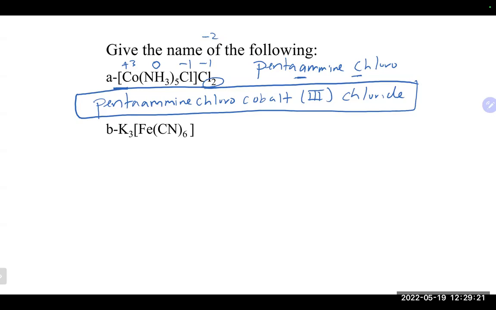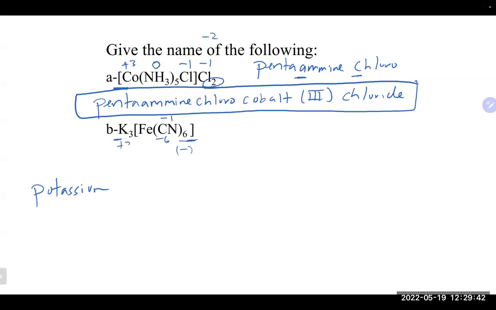Looking at our second one here, we got our potassium coming first and our complex ion coming second, which does mean our guy is going to be negative overall here. So we can start with just the counter ion, which would be potassium. Looking at our cyanide, which is -1, and there's 6 of them is -6.